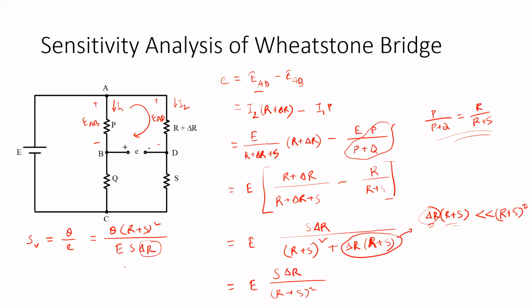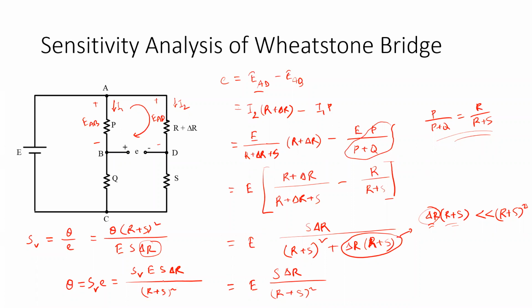Now from this expression, we can also rewrite theta. If we rewrite theta, it will be SV into E, and we can say it to be SV into E S delta R divided by R plus S whole square.